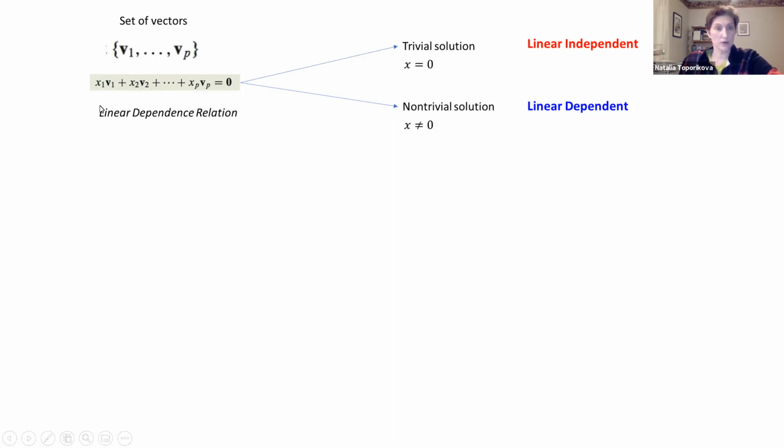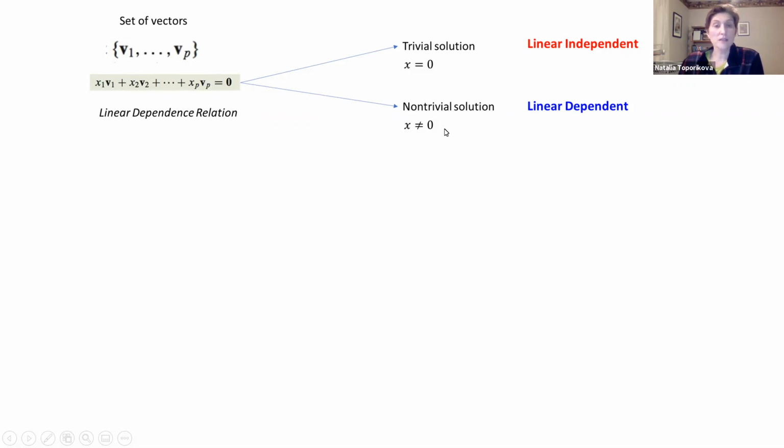Last time we learned that if we have a set of vectors, we can form what's called a linear dependence relation by taking a linear combination of vectors with arbitrary weights x and setting it equal to 0. In this case, the solution can be a trivial solution, where all our weights x are equal to 0, and then we say that our vectors are linearly independent.